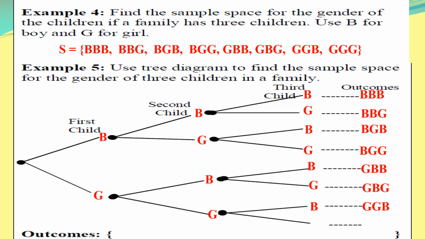Finally, if the first child is a girl, second child is a girl, and third child is a girl, then we have girl, girl, girl as our outcome.